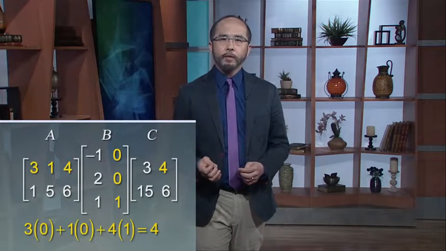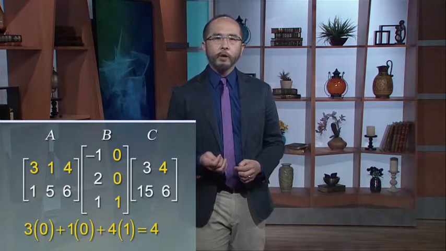Now, examine this product again, and let's check the other entries. Take a moment to verify that the entry 4 in the first row and second column of C is the dot product of the first row of A with the second column of B. Since the second column of B is a standard basis vector 0, 0, 1, notice something interesting: the dot product just picks off the last coordinate of the row 3, 1, 4, which is a 4.